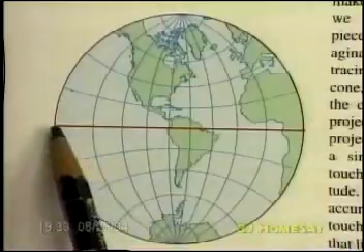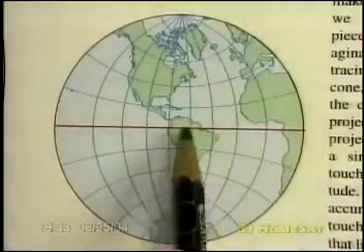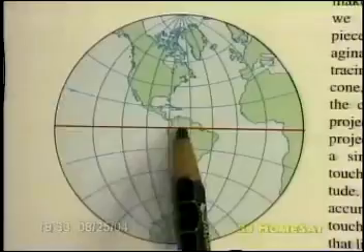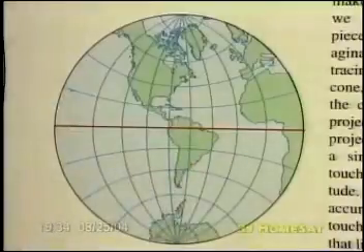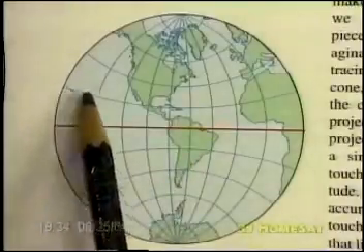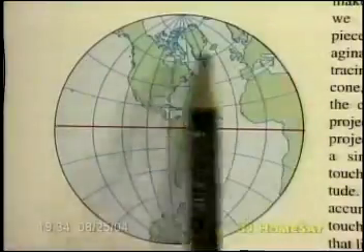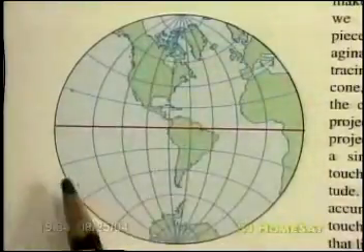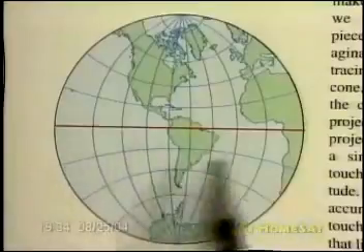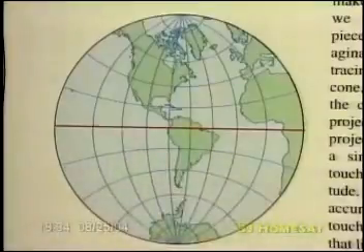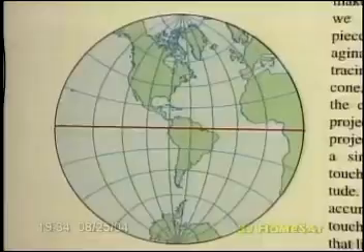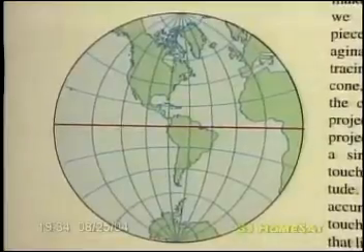And then also, here's our equator, that's straight because that's the point that was touching on this particular azimuthal map. And then our lines of latitude that are above the equator are curving this direction. And then our lines of latitude below the equator are curving the opposite direction. So that's how you'll be able to recognize the azimuthal projection.